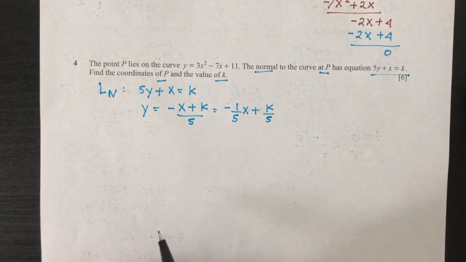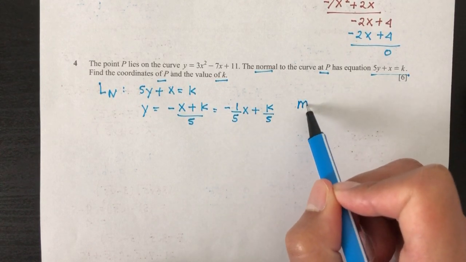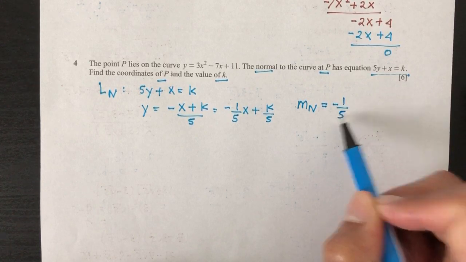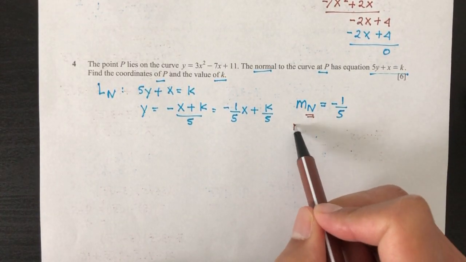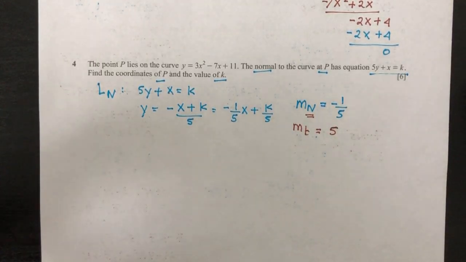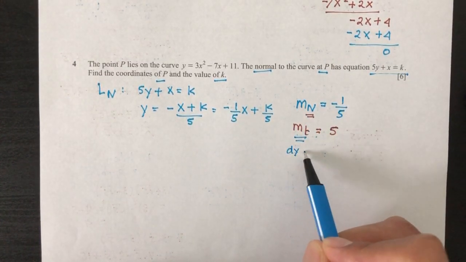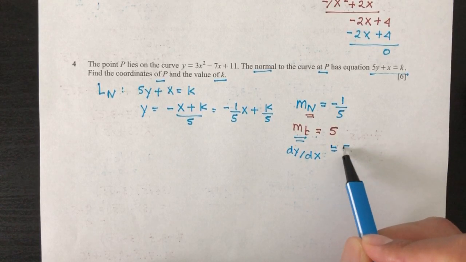From this you can observe that the gradient of the normal is equal to minus 1 over 5. So if you have the gradient of the normal, you have the gradient of the tangent. That will be 5. Now, you know that dy by dx at the point P is equal to 5.